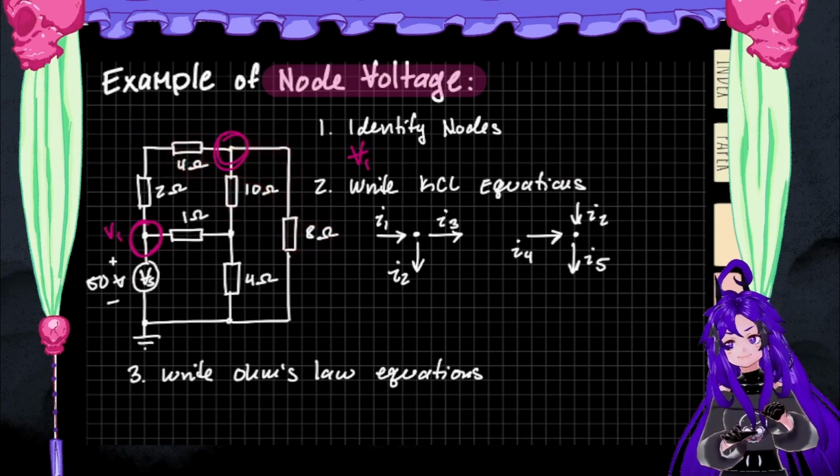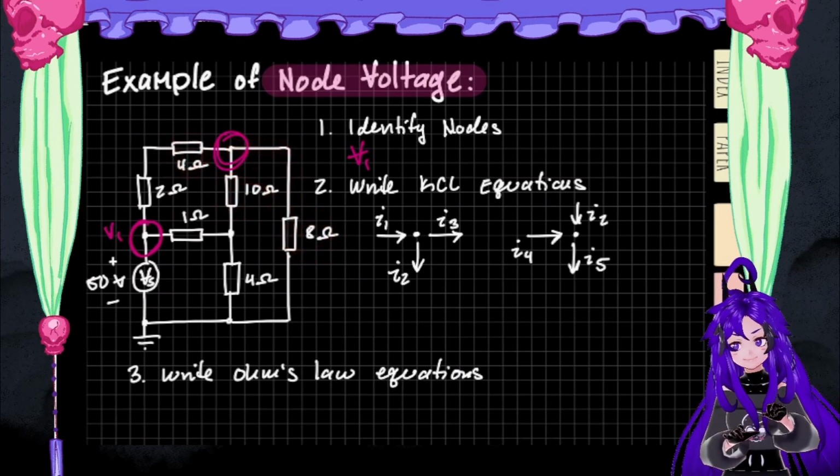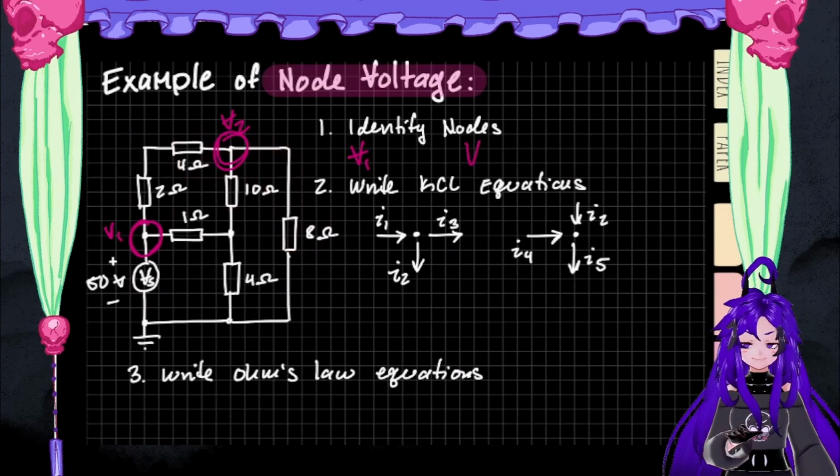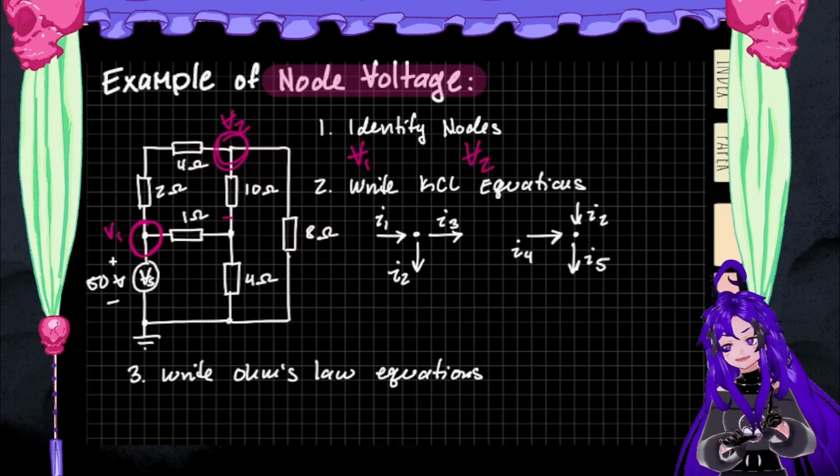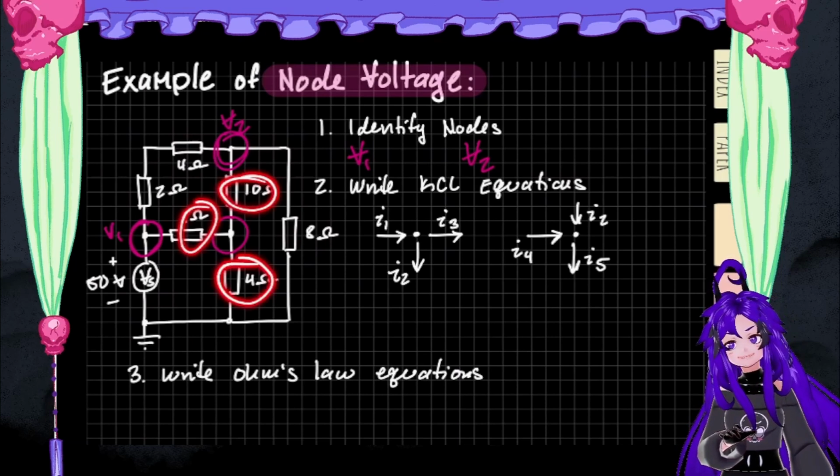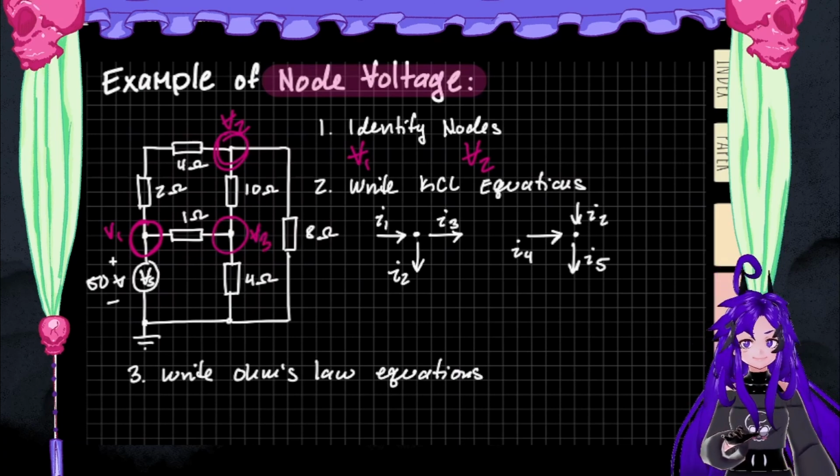So that's an important node. We'll call that one V2. And finally, we've got this node here that is the 1 ohm, the 10 ohm, and this 4 ohm all connected together. We will call that V3.